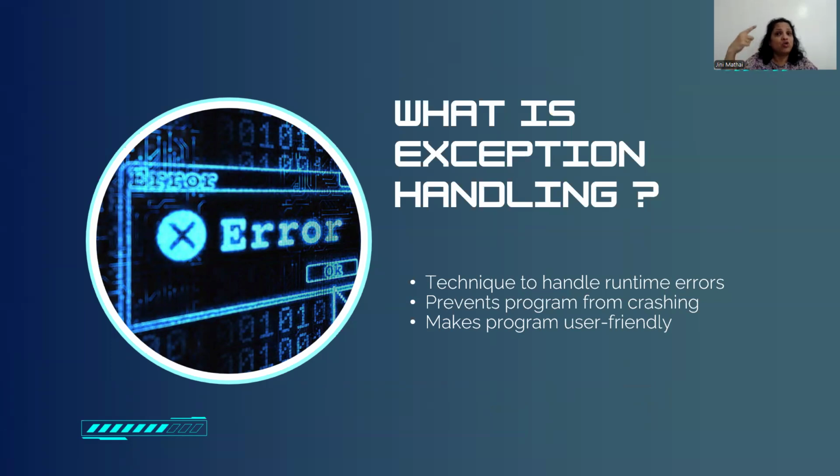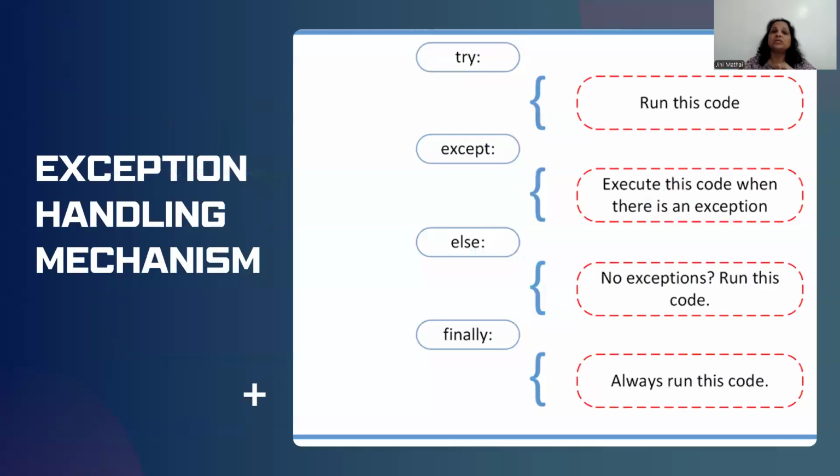Foreseeing that there could be these kind of errors, and if these kind of errors occur, I need to write some code which will be able to handle such exceptions. And that's what I call exception handling. And what's the code for exception handling? For exception handling, we basically use the try except block.